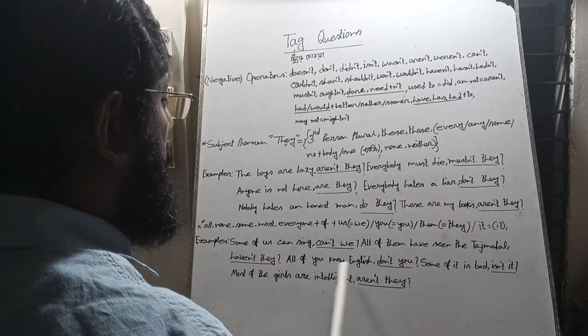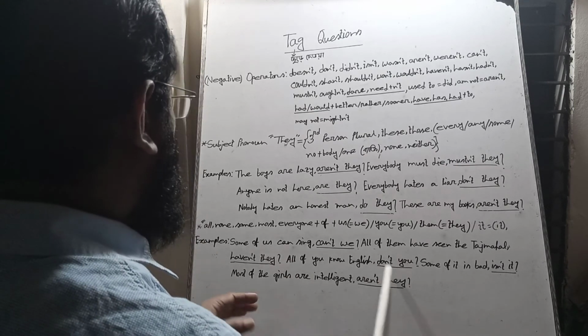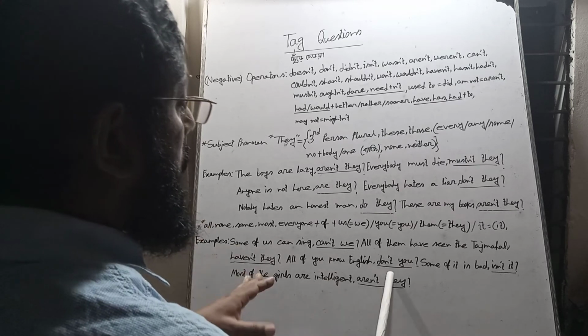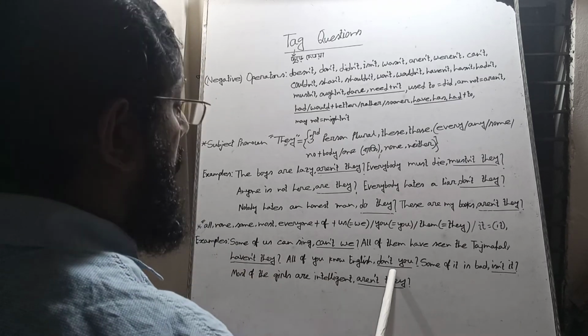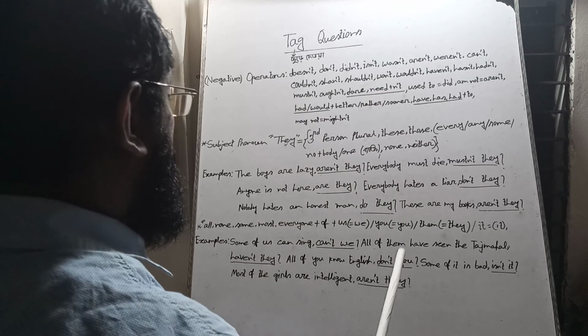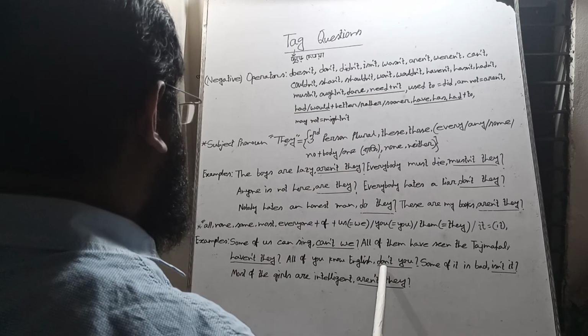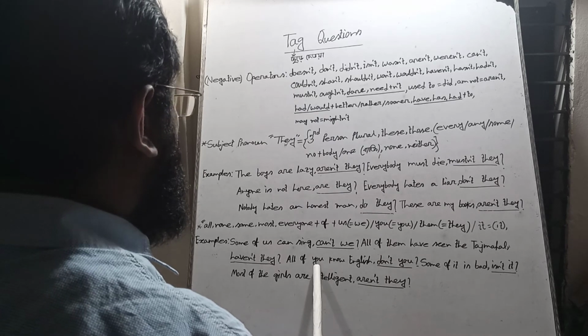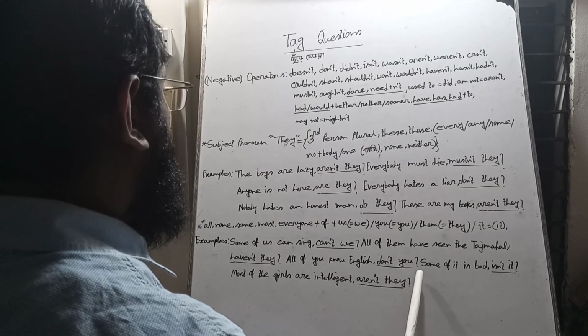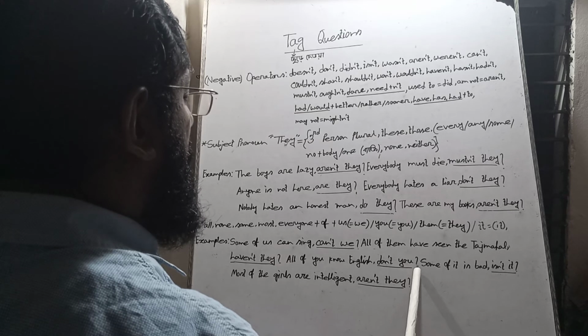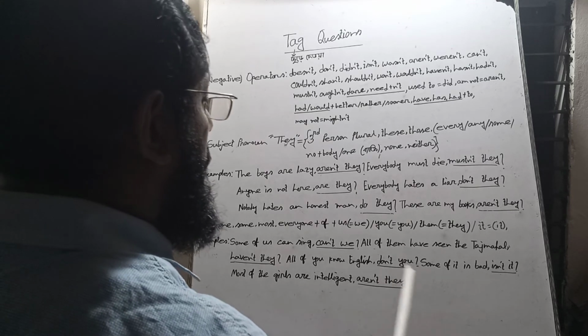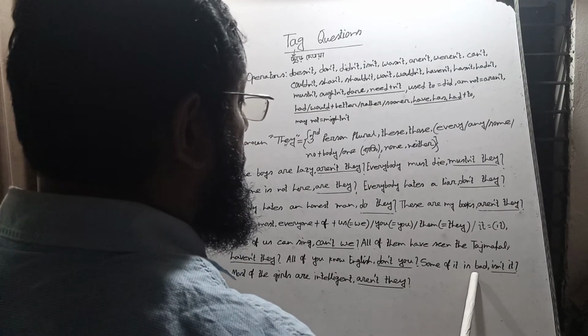The sentence is affirmative, so the tag question will be negative. So we bring not as a contracted form, don't, and you in the objective case will be the subject you. At last we use a note of interrogation. Don't you?